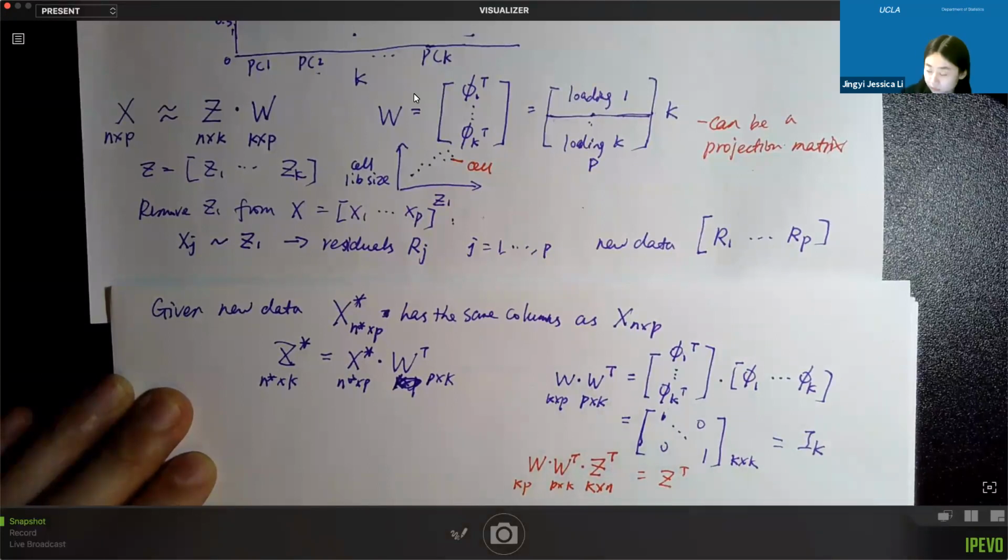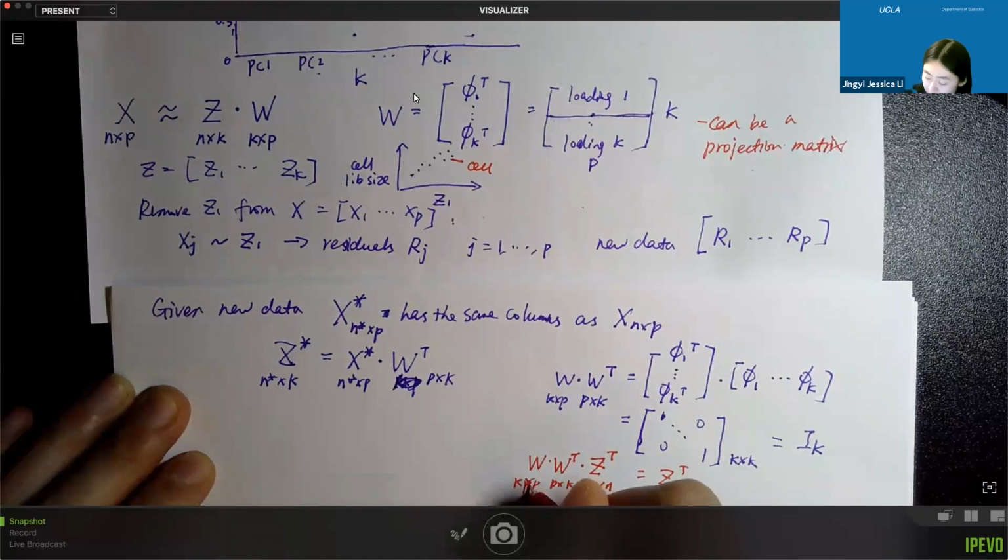It means that for this matrix, the columns are my n data points and the rows are the new K dimensions. When I do the left multiplication, I keep the n columns, but I change the rows to be P rows in the P-dimensional space. And then I do the multiplication again, going from the P-dimensional space back to the K-dimensional space.